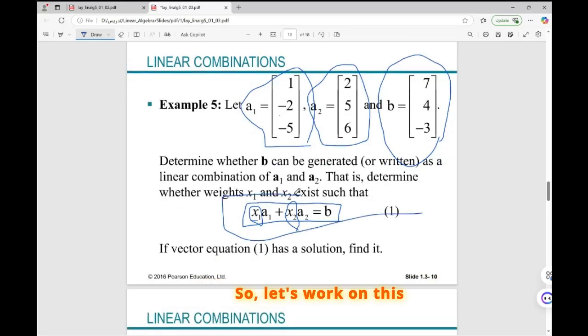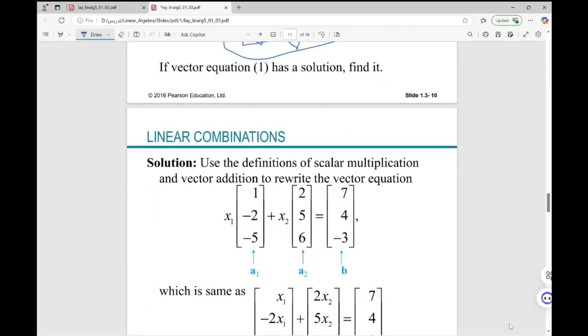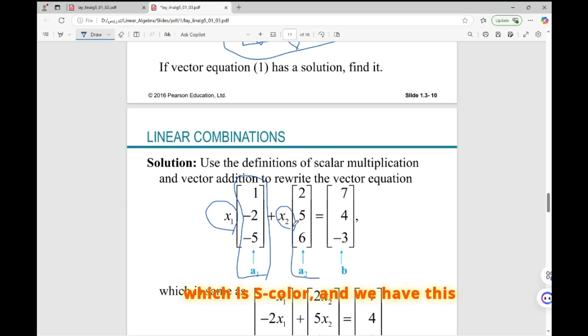So let's work on this equation. We have x1, which is a scalar, and this vector a1, and x2, which is a scalar, and this vector a2, and the result should be b, a vector like this.